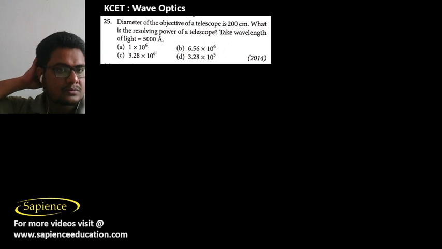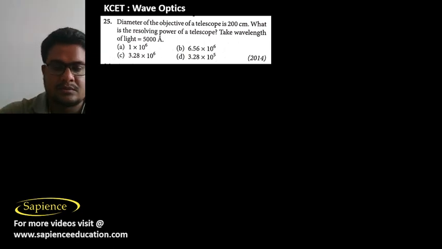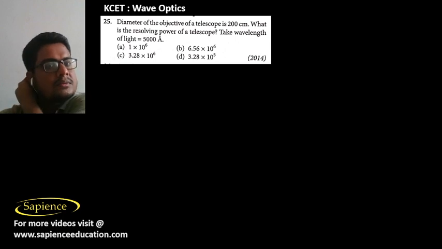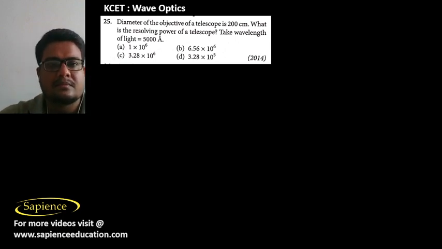In question number 25 it is told the diameter of the objective of a telescope is 200 centimeter. So we have an objective and we have the eyepiece.